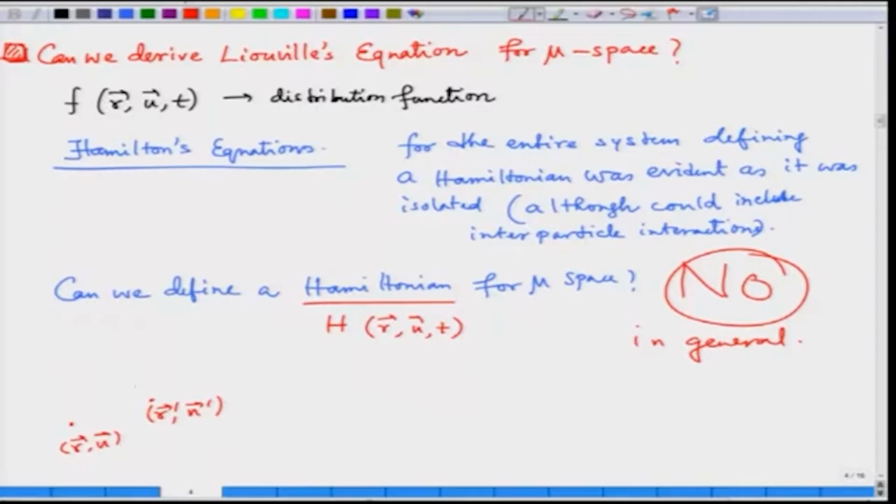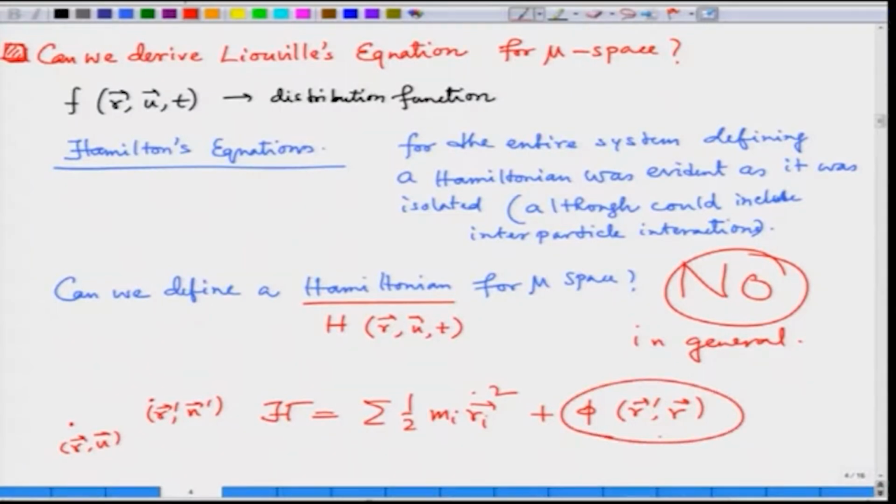As they are just moving under their mutual interaction, we can define a Hamiltonian, which is nothing but the sum of m_i r_i dot squared terms, where the summation is over r and r prime, and then you will have this phi of r prime, r. That is possible, but how to incorporate this type of thing in mu space?